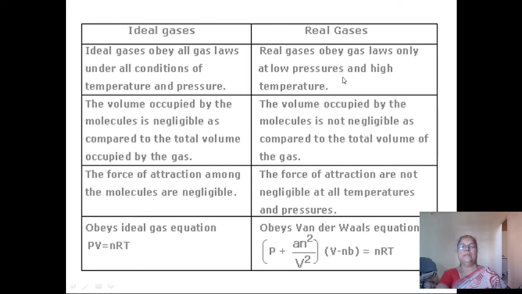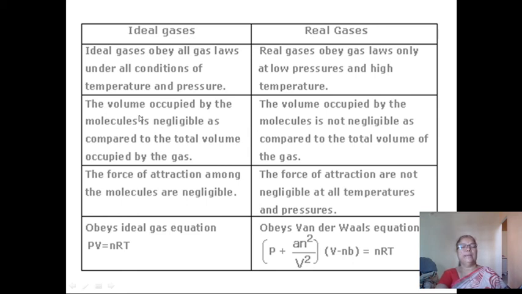That means the real gases obey ideally only at low pressure and high temperature. See, LPHT, that means low pressure and high temperature. Real gases obey the ideal gas laws.